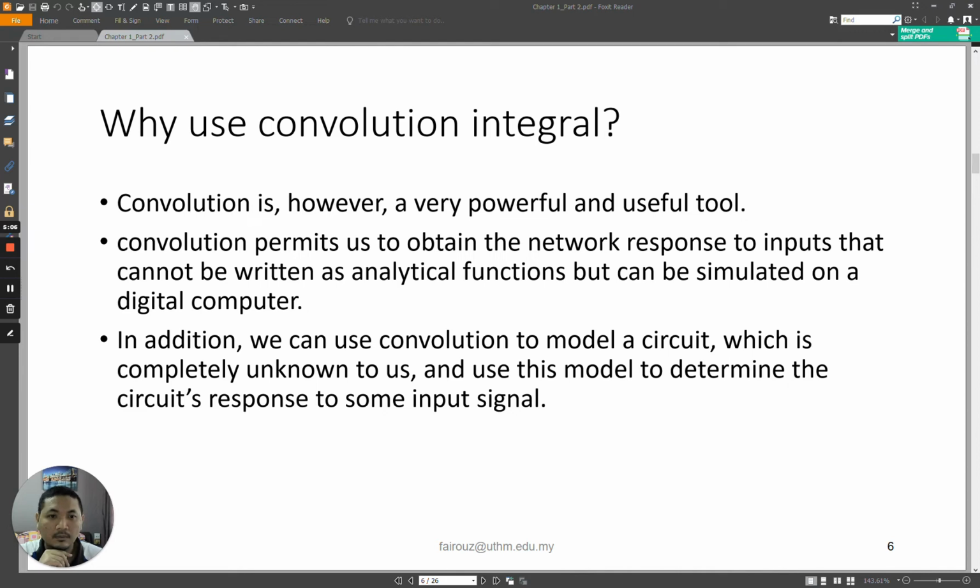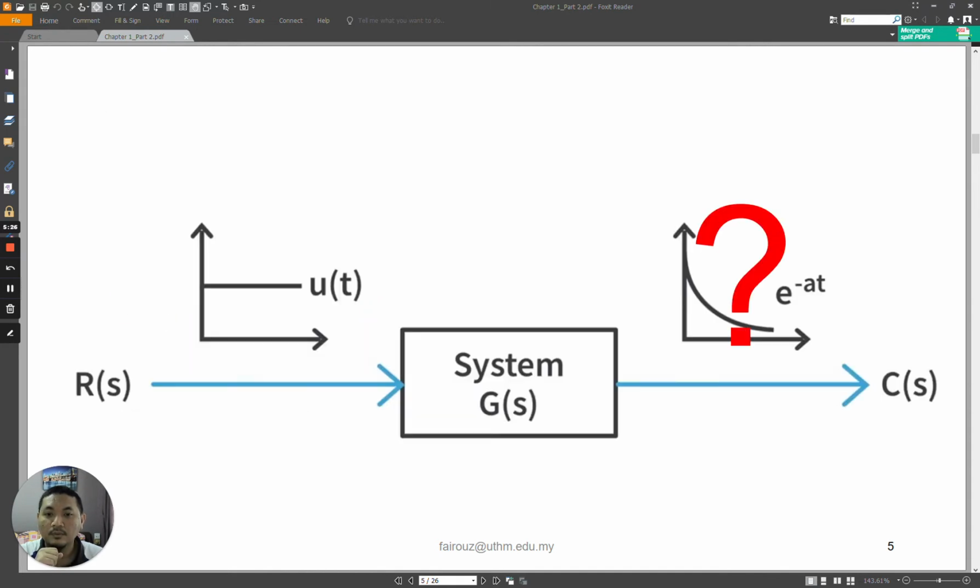It is a powerful, useful tool that allows us to obtain the network response, the output of the network to a given input, that cannot be written as an analytical function but can be simulated on a digital computer. So you see, if the input and the system are represented by a complex equation, it is difficult to solve by normal calculation.